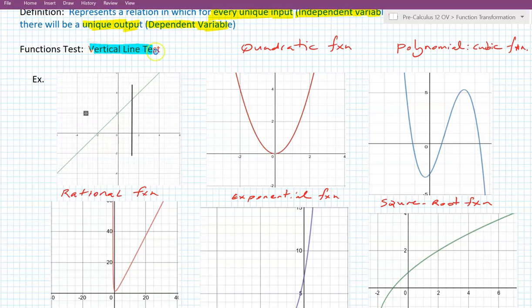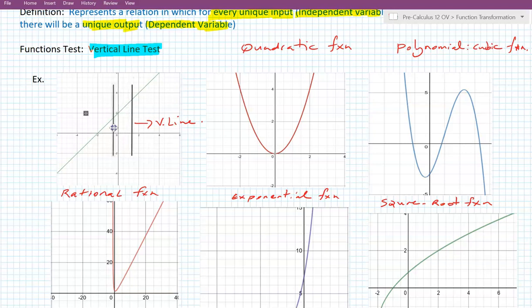Whenever you see a graph of a relation, you draw a vertical line, and this is the vertical line right here. As you move it left or right, you notice that at any given point it only intersects the graph at one point.